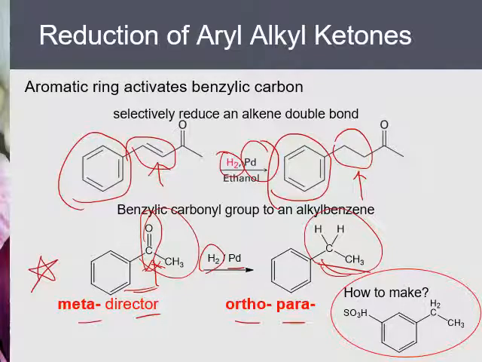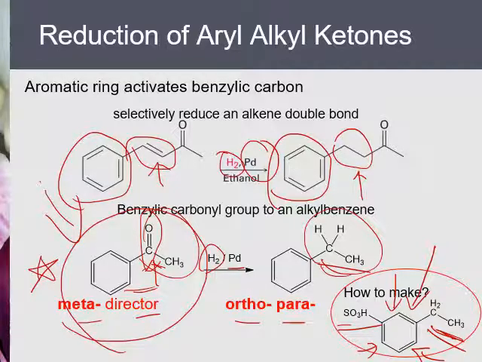Okay, for example, how do you make this compound? You have an alkyl group and the sulfonic acid on the meta position. So if you have an alkyl group, then sulfonation can only take place on the ortho and the para, not the meta position. All right. So how do you do this reaction? This suggests that we can start with acetophenone.